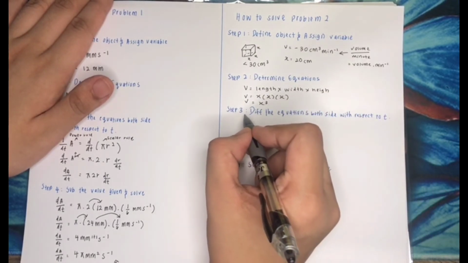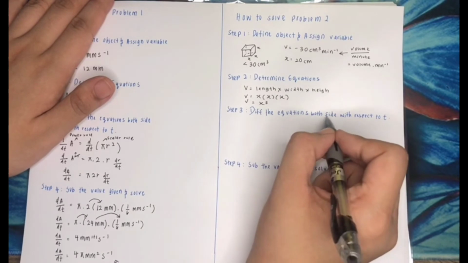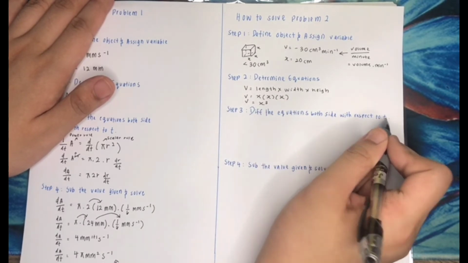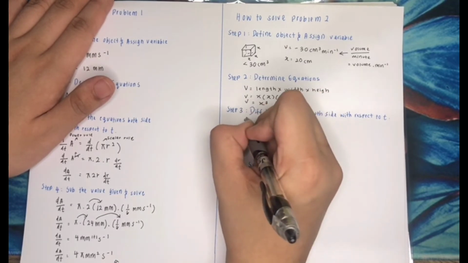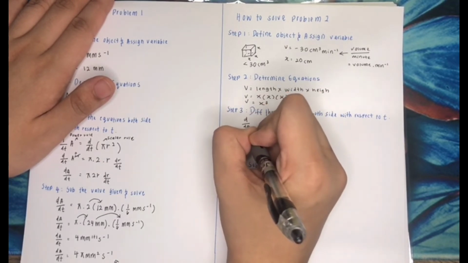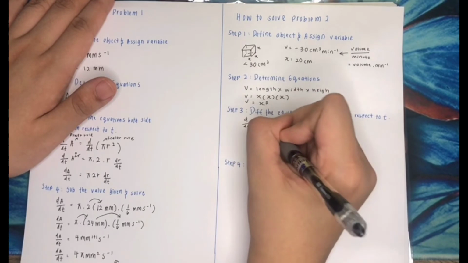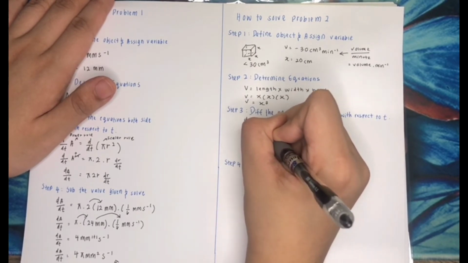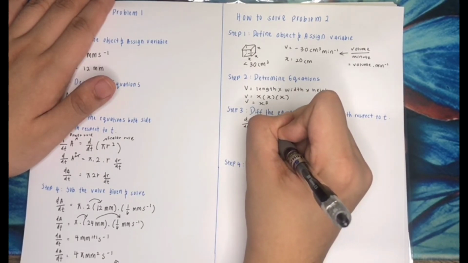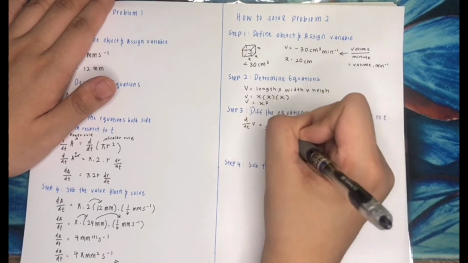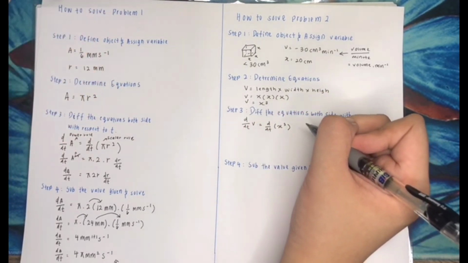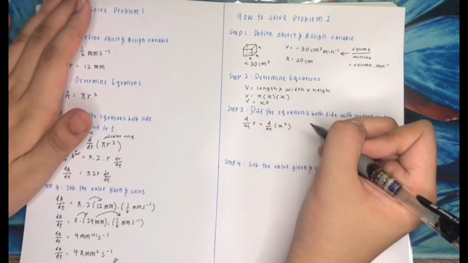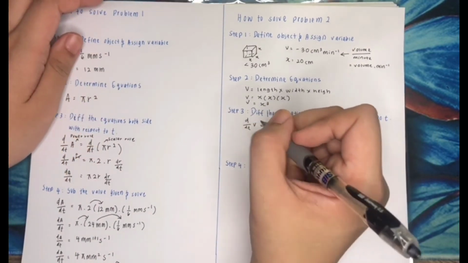Step 3. Differentiate the equation both sides with respect to t. We write back from step 2, which is V equals x to the power of 3, but we put d/dt in front.